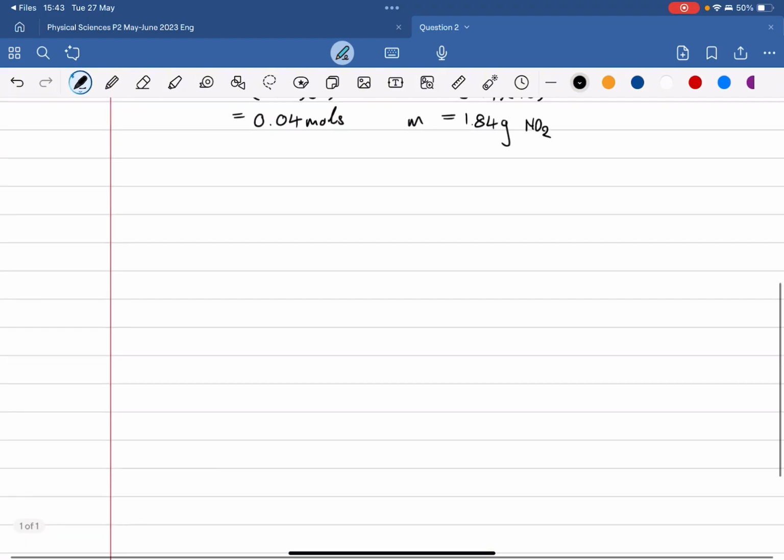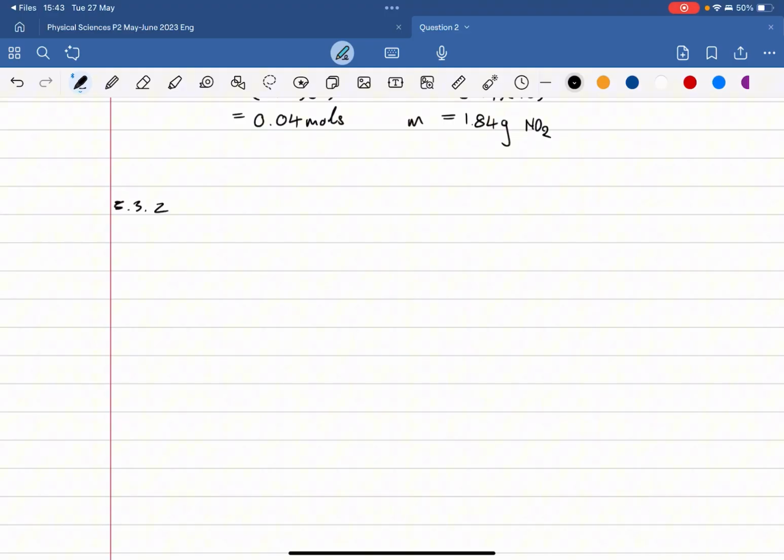For 5.3.2, I've got the average rate. Remember, this is of NO2. It equals the change in the concentration of NO2 divided by the change in time.